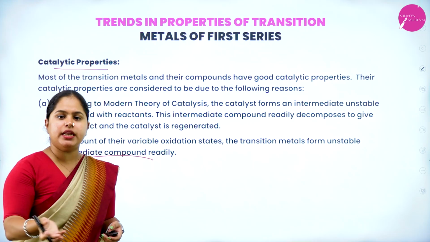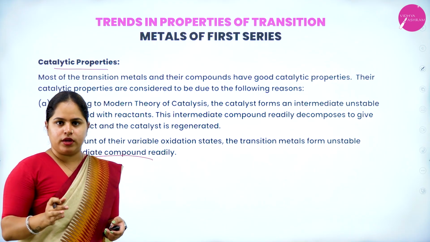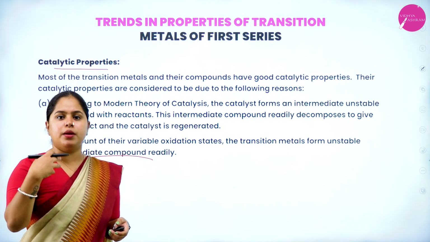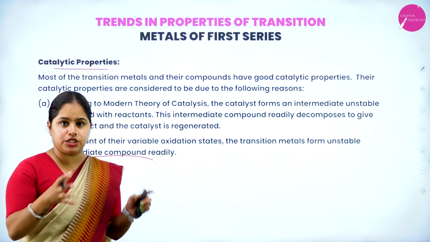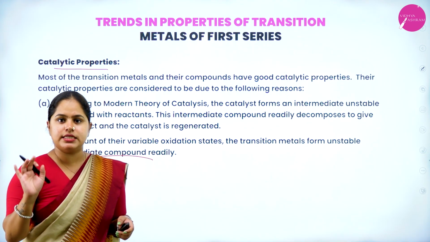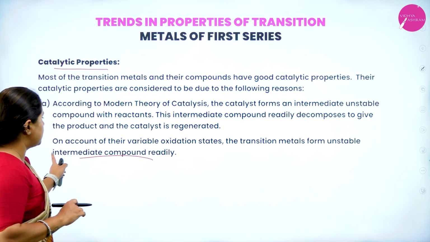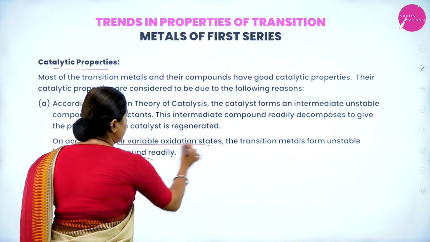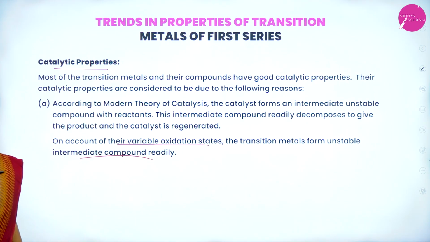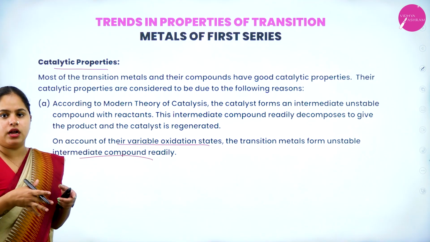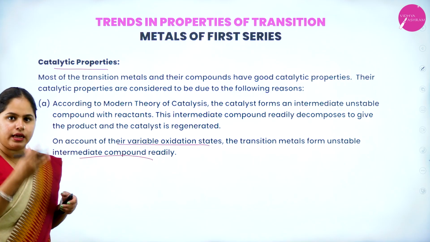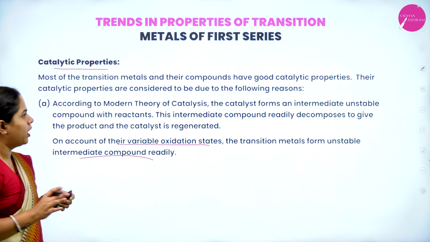Then it will immediately decompose and form the products. So d block elements have the ability to form unstable transition compounds so that they can easily decompose. So that is the reason, because they are having variable oxidation state. It is having variable oxidation state, so it can easily form a transition compound and it can decompose easily as well. I hope it is clear.